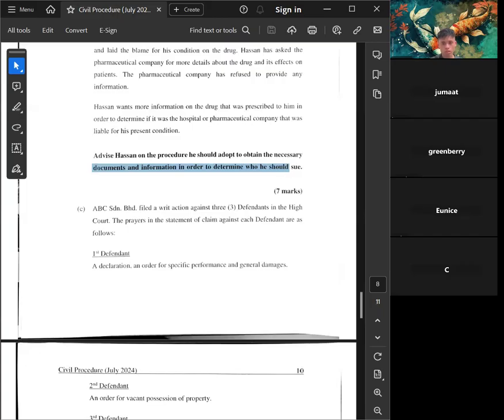After you explain the general rule, now we come to the procedural part. The procedural part is provided in Order 24, Rule 7A, sub 1. He has to file the OS supported by affidavit, and the contents of the affidavit are provided in Rule 7A, sub 3 of your Rules of Court. So you have to itemize it out.